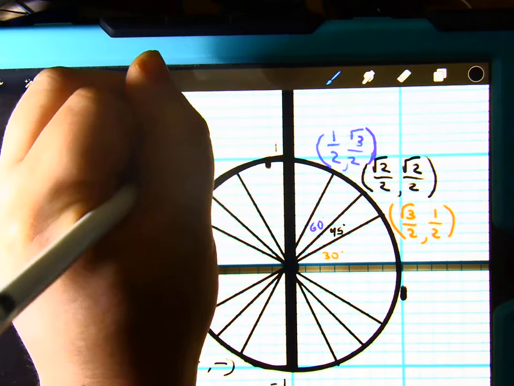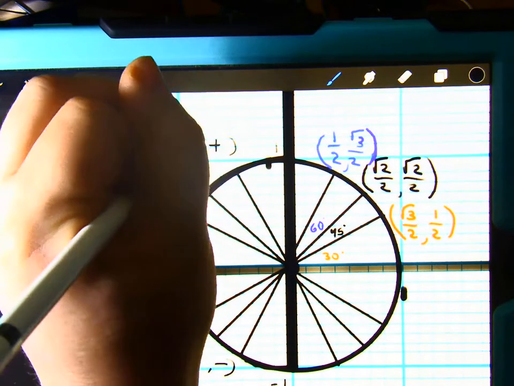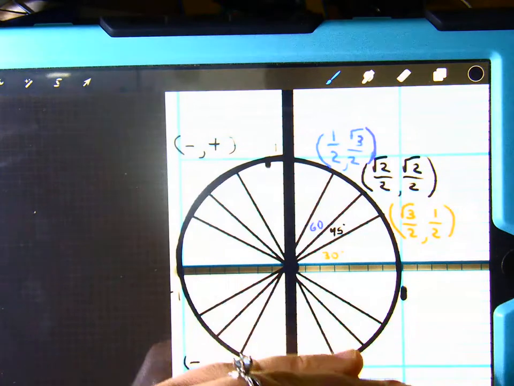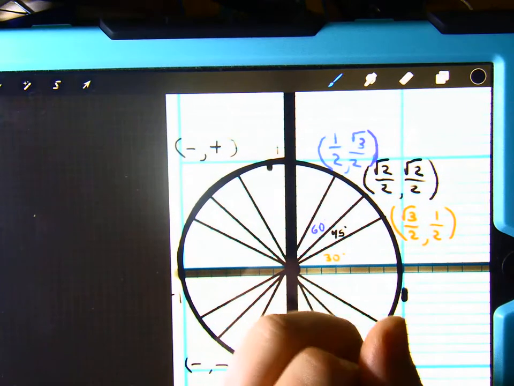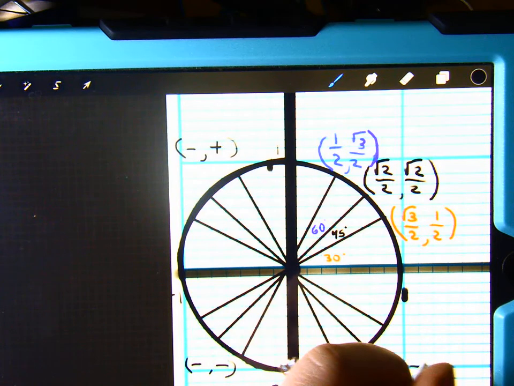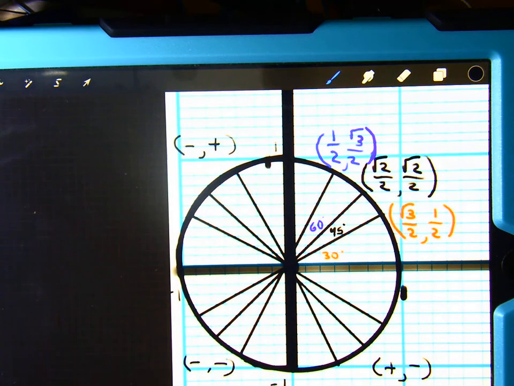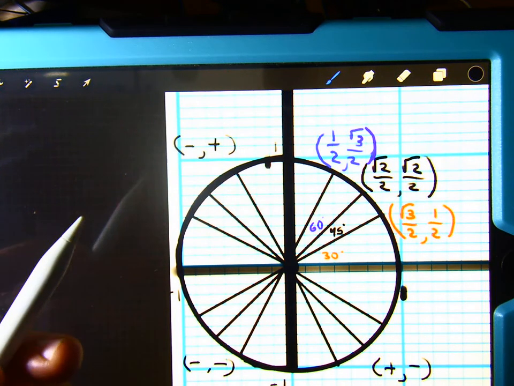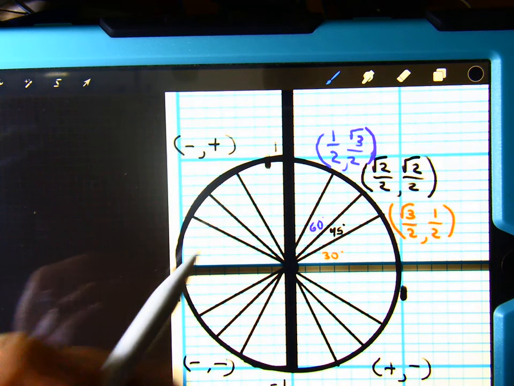Over here, they're basically negative x, positive y. And then if you flip them or reflect them again down here, then you would have your positive x and your y value would be negative, and thus gives you all the coordinates for the unit circle. And that's where they come from.